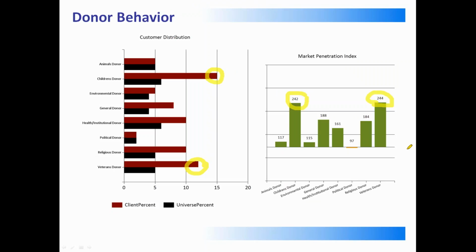So basically, customers of Revolution's Bowling are 2.5 times more likely than average to donate to children's causes and veterans causes, and religious causes, and also to just general philanthropic efforts. So despite the fact that they are of moderate wealth and moderate income, they're not moderate of heart when it comes to helping out the lesser advantaged folks.